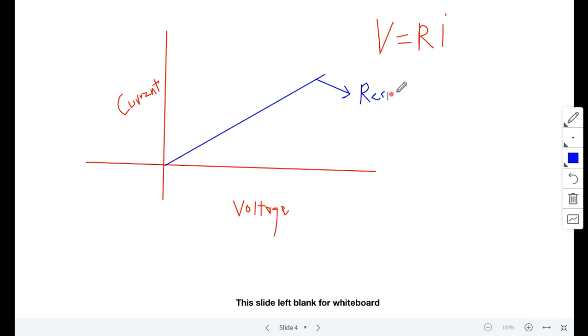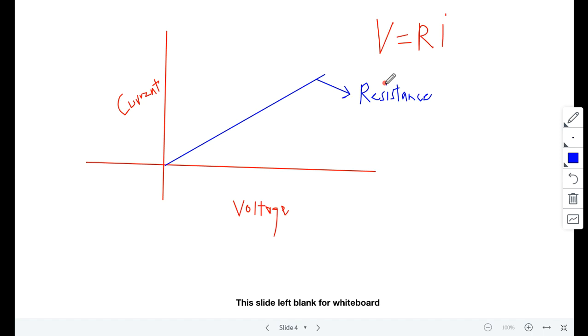Voltage and potential difference are the same thing.